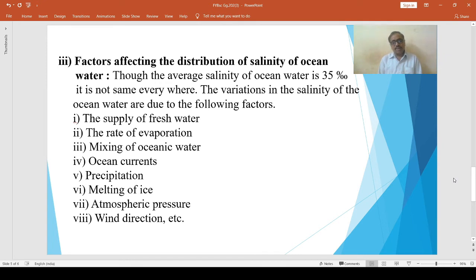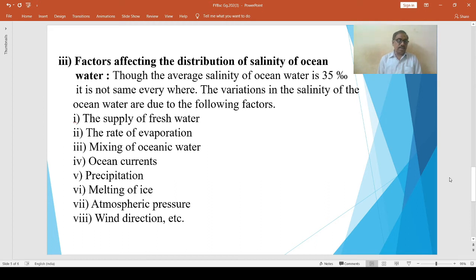Equatorial oceans have less salinity due to the supply of fresh water through the large rivers. For example, the Baltic Sea receives numerous rivers and a large supply of fresh water through melting of ice. Hence, its salinity is less.